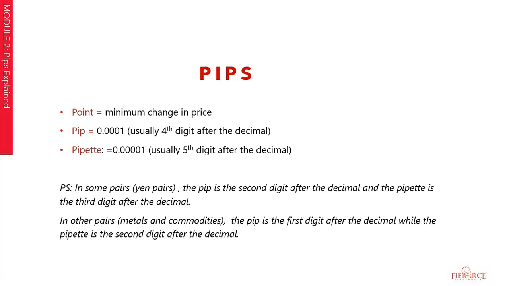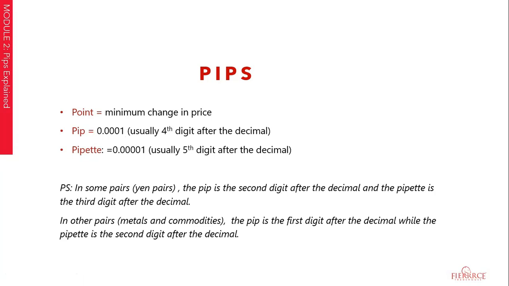In the rest of the currency pairs, there are 4 digits. Some have 5 digits. Hopefully that's clear. Where there are 3 digits after the decimal, the 3rd digit is the pipette, and the 2nd digit is the pip.